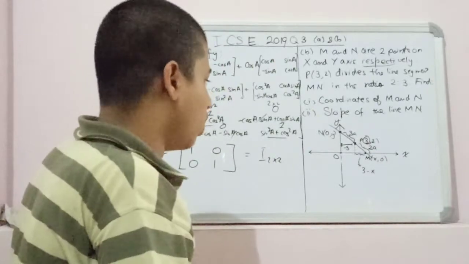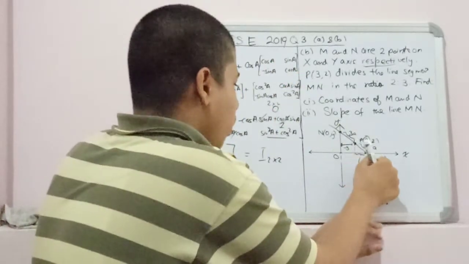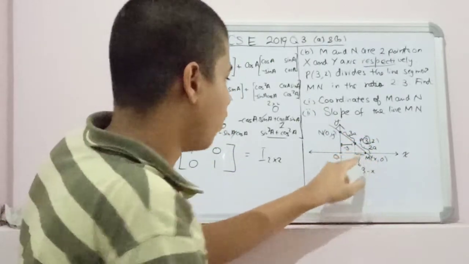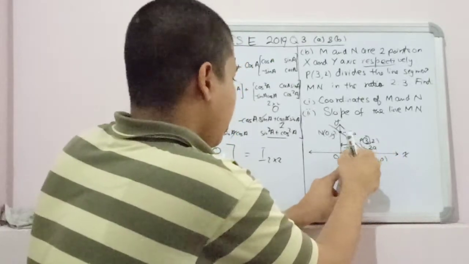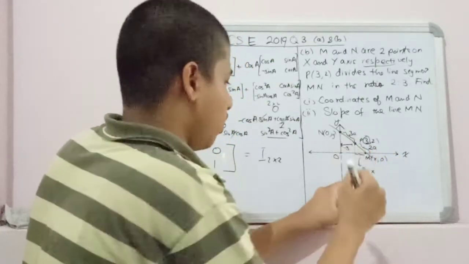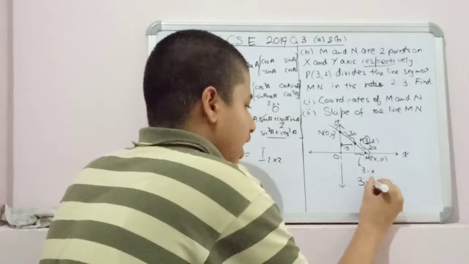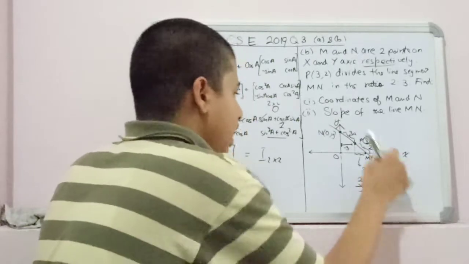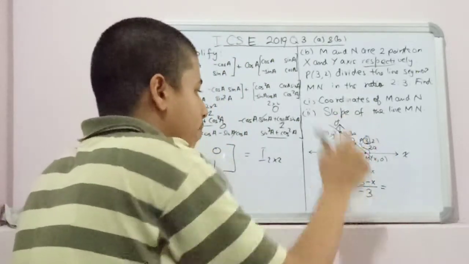Now the key realization here is that going from here to here is 2/5, and going from here to there is 3/5. Which means that the ratio of 3 minus x to -3 is the same as the ratio of PM to NP.